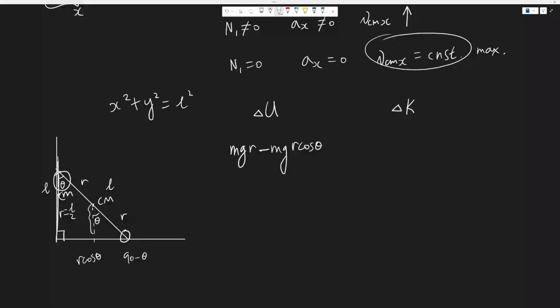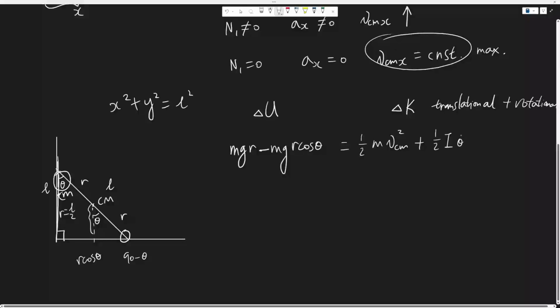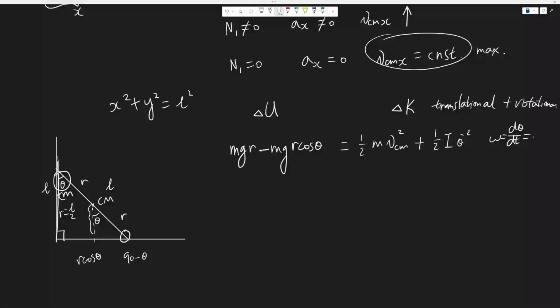And there are two terms. So you have the translational plus the rotational. So equals half m v center of mass squared plus half moment of inertia omega squared. Let's write omega as theta dot, because omega equals d theta dt, so it's easy.